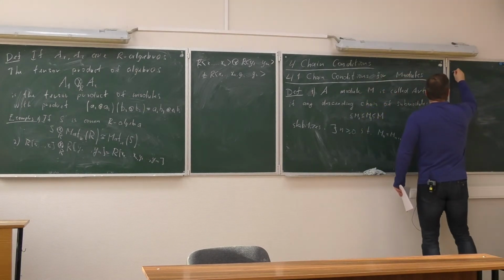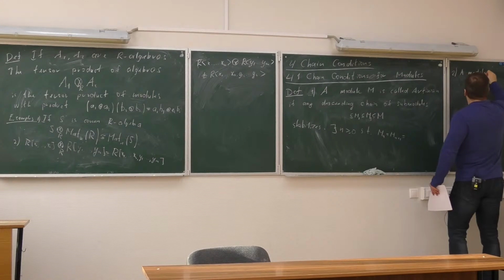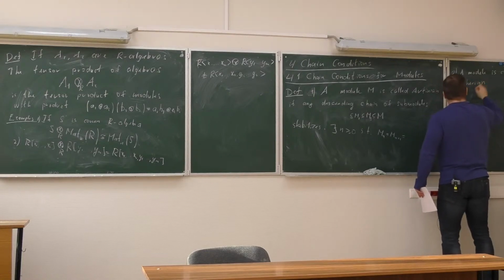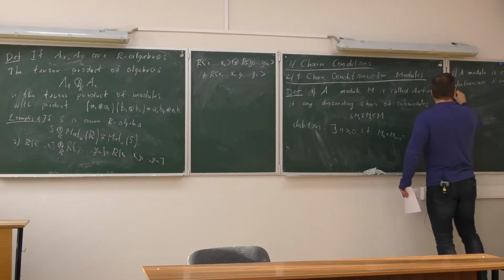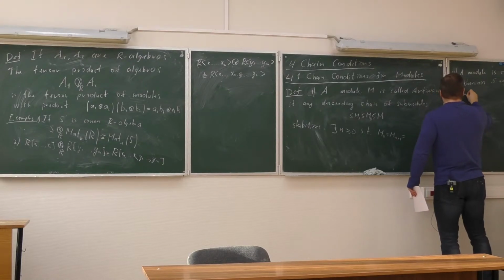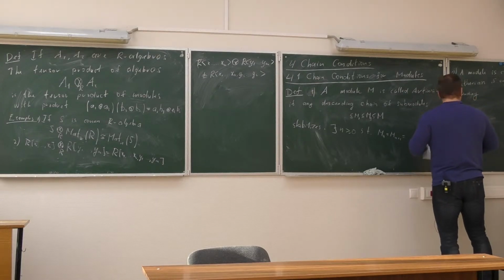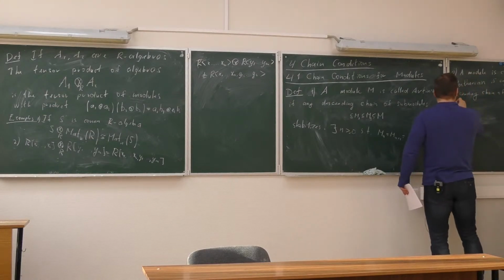So part 2, a module is called Noetherian, after Emmy Noether. So this is just a dual condition. If any ascending chain of submodules.